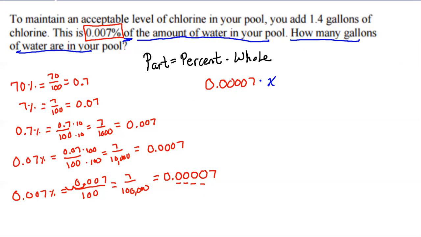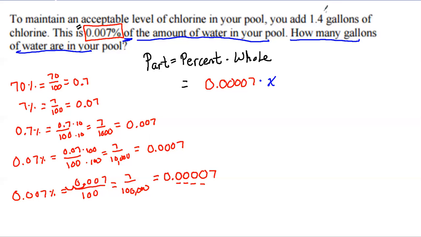Now, my part. It says "this is." We talked about how "is" typically means equals. So my part, or this, is equal to some percent of my whole. So what is this referring to? Well, if you read the previous sentence, you'll know. To maintain an acceptable level of chlorine in your pool, you add 1.4 gallons of chlorine.